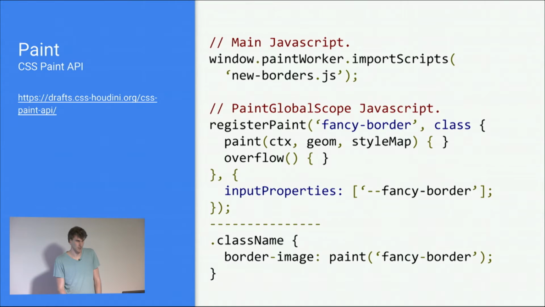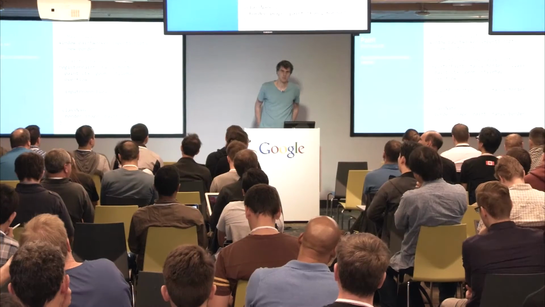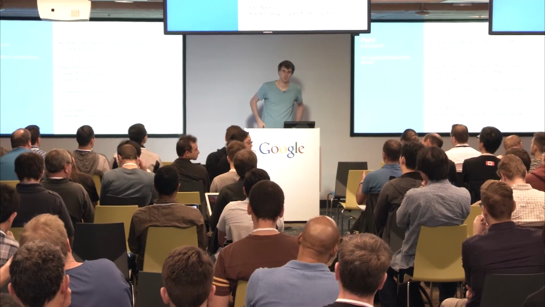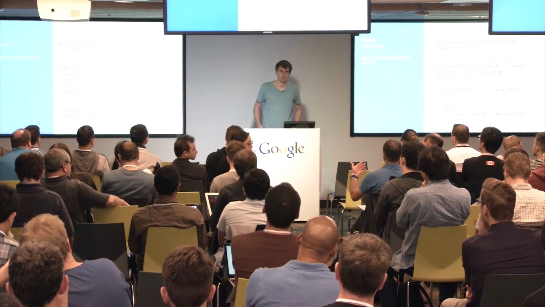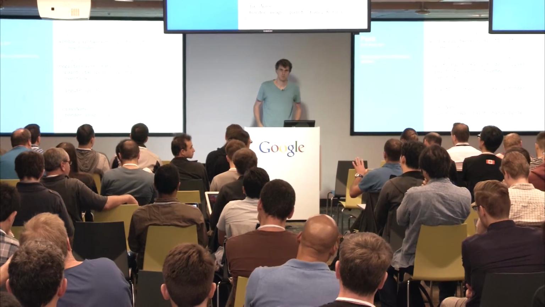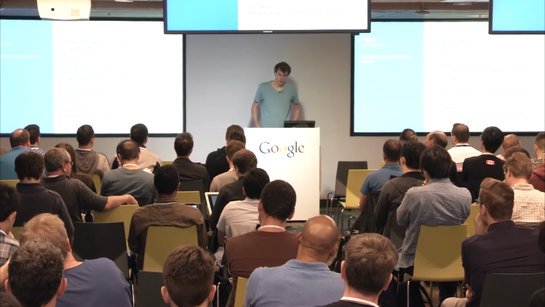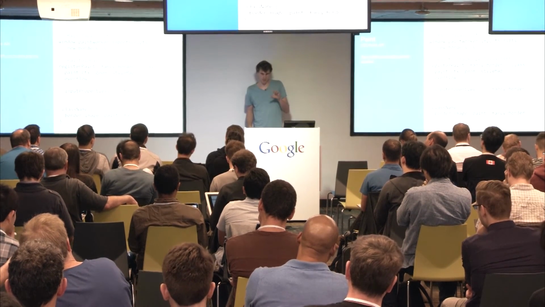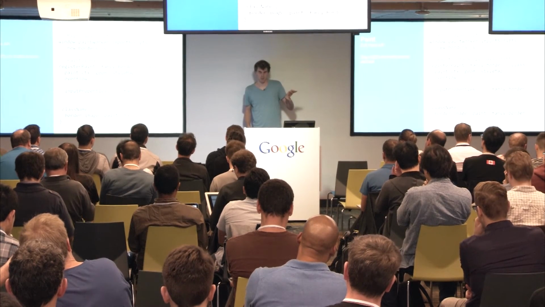Any questions so far? Yes? Do you have to specify the order of the paint here, or does the order of the paint matter? For example, if I have two custom painters, does it matter which one gets called first? So there's a few things I missed. I didn't talk about in isolated workers.